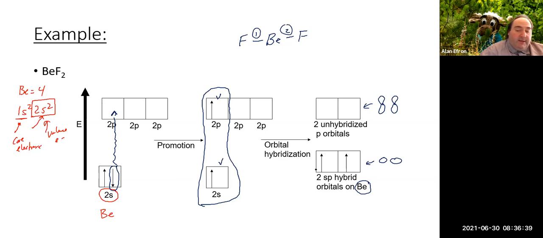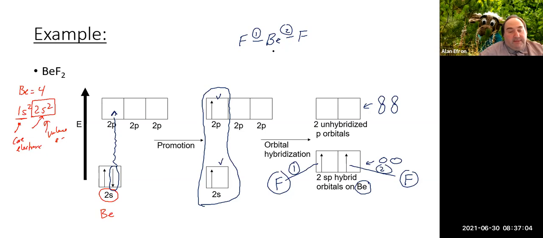This one electron allows beryllium then to bind with a fluorine and do some overlapping there with a fluorine. And this guy allows the beryllium to also do a bond with the other fluorine that's present, which would represent this second bond. Now, what we have in terms of bonding that's occurring here is we have basically this guy being sp hybridized.